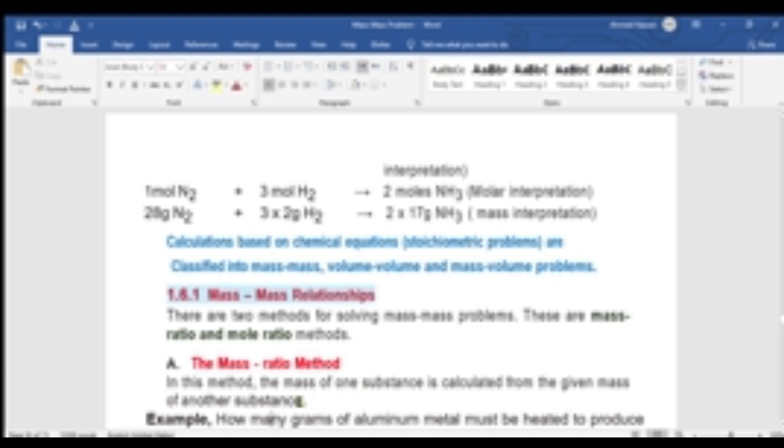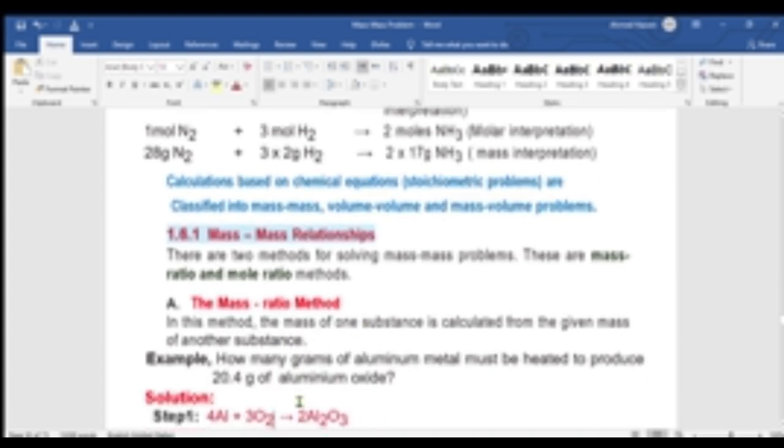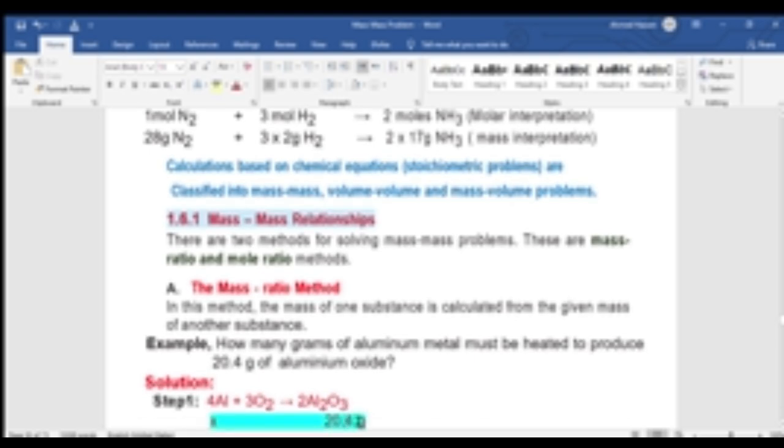Example: how many grams of aluminum metal must be heated in order to get 20.4 grams of aluminum oxide? The equation first must be written and balanced. Therefore, 4 moles of aluminum react with 3 moles of oxygen molecule to give 2 moles of aluminum oxide.